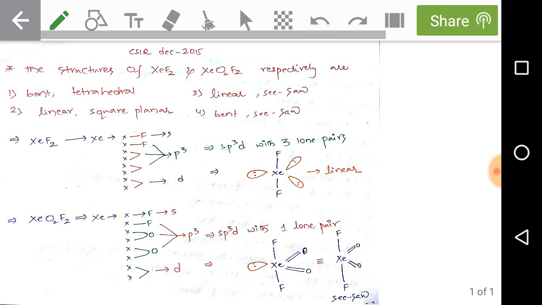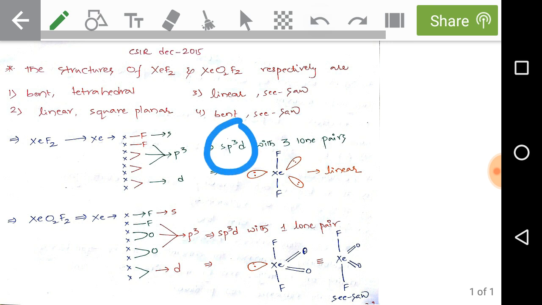And then we have 3 lone pairs of electrons. Each pair is considered as one hybridized orbital. Then we have s, p3 and d, so total sp3d hybridization is possible for xenon difluoride, but it is with 3 lone pairs of electrons.